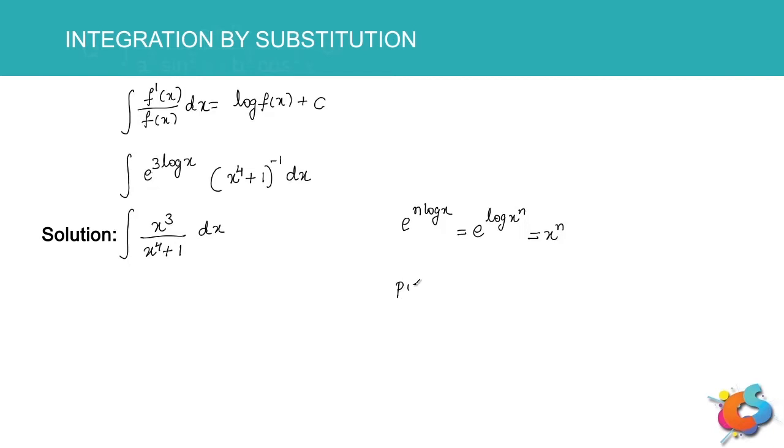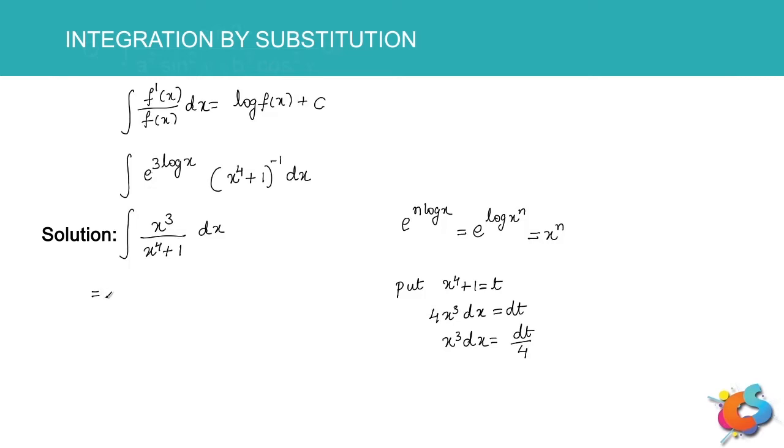We will put x power 4 plus 1 as t. If you differentiate this with respect to x, we will get 4x cube into dx is equal to dt, or x cube into dx becomes dt by 4.